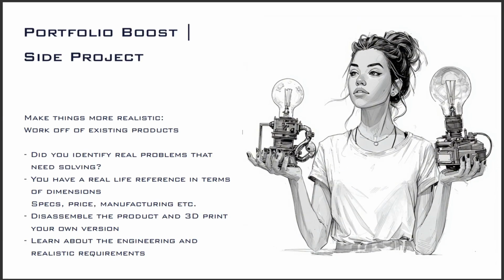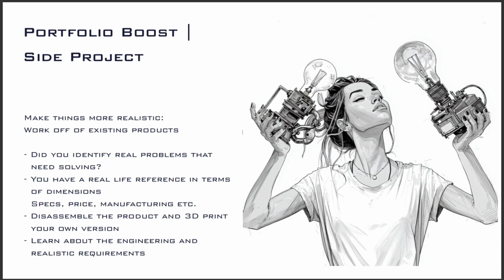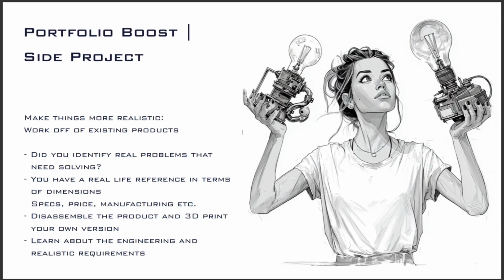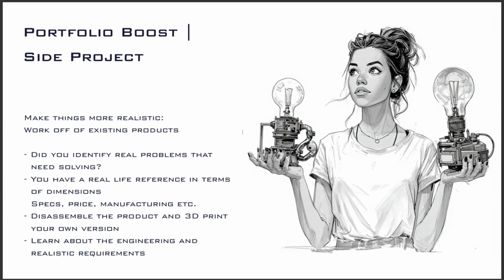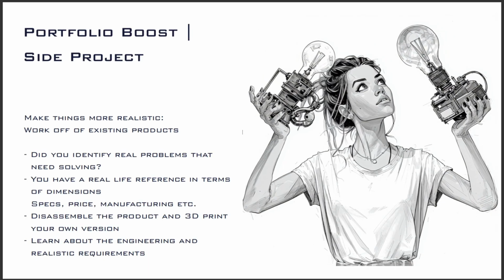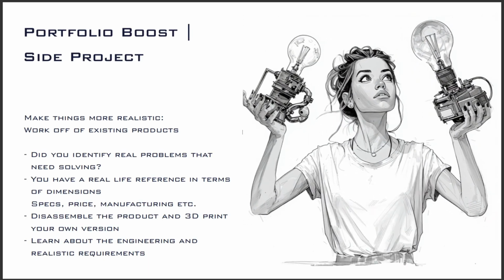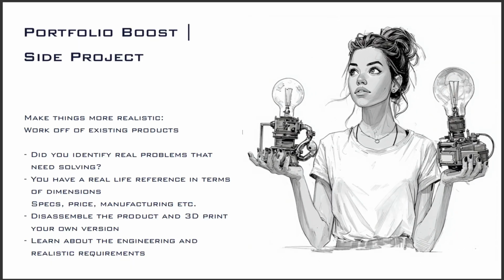And another key idea that I find really helpful to make things more realistic in your side project is to work off of existing products. Potentially you already have a suitcase and you feel like its handle is super shitty, or the wheels are crappy, or there's not enough space for the things you want to put in there, or it's uncomfortable, right?